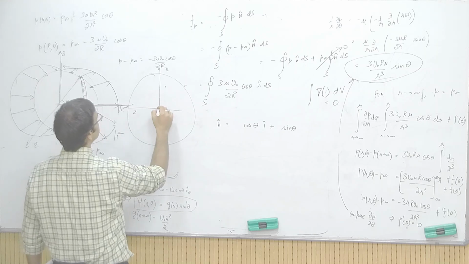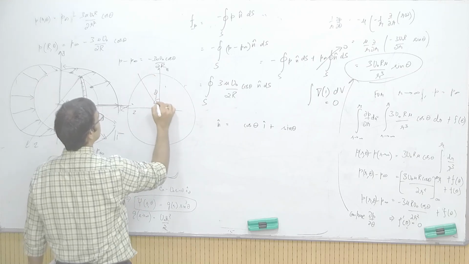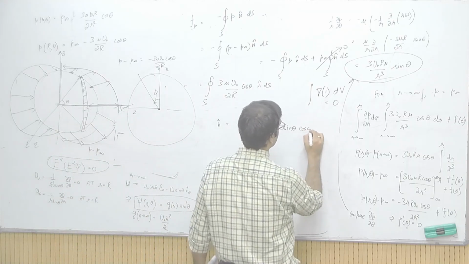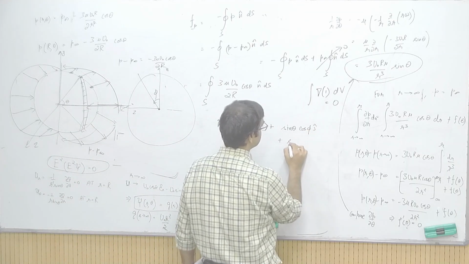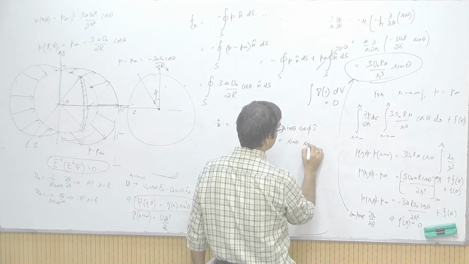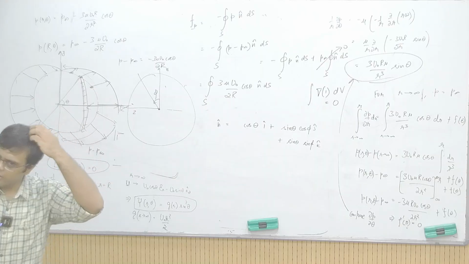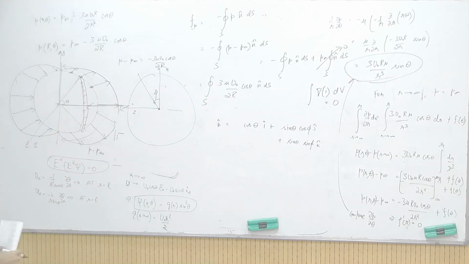Let's say we take the angle from y as phi. So sin theta cos phi j cap plus sin theta sin phi k cap. That's how we define the normal of the sphere, right?